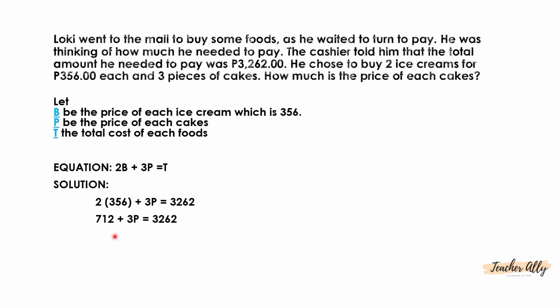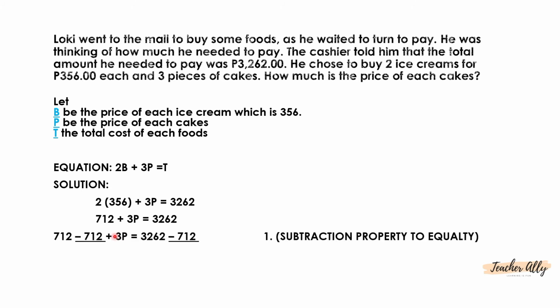And then we will subtract 712 from both sides. 712 minus 712 is equal to 0, so we will cancel it, and then we subtract 712 from 3,262. So the answer is 2,550. Next, we will divide both sides by 3.